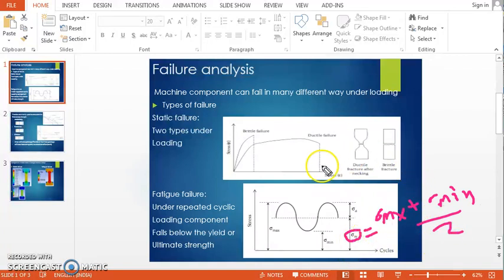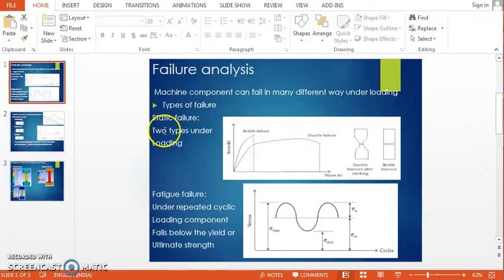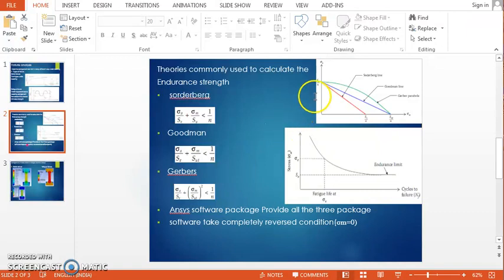So our specimen will be under the cyclic loading. Here we can see that generally what we see in the cyclic loading, there is amplitude stress and mean stress. It is commonly used to calculate the endurance strength.